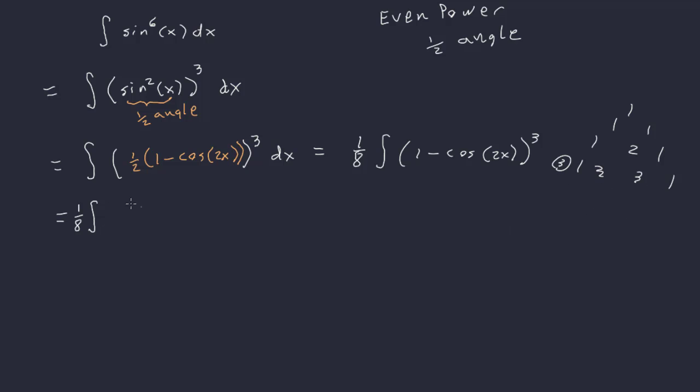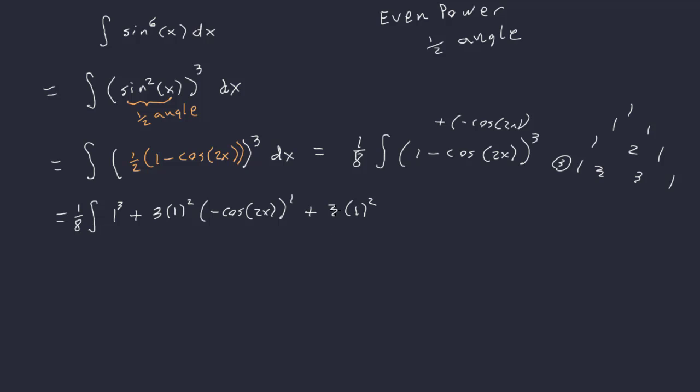Okay, so this should be 1, right, plus 3. So this would be 1 times 1, let me write it cubed, 3 times 1 squared times, now we have to introduce this negative because this is a plus negative cosine of 2x like we did last time. Okay, so it'll be minus cosine of 2x to the 1, okay, plus 3 times 1 squared.